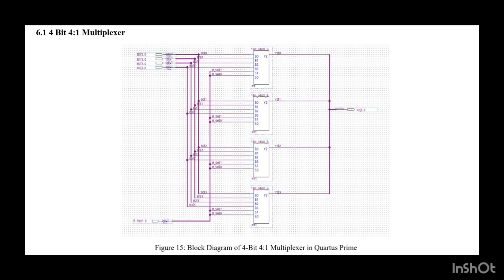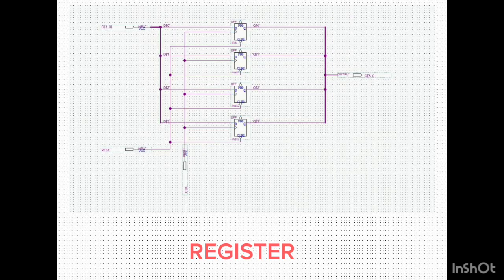The 4-bit 4x1 multiplexer is controlled by the inputs in each block. For example, the first bit of I0, which is 0, is connected to the I0 input of the first block. The second bit of I0, which is 1, is connected to the second block, and so on.